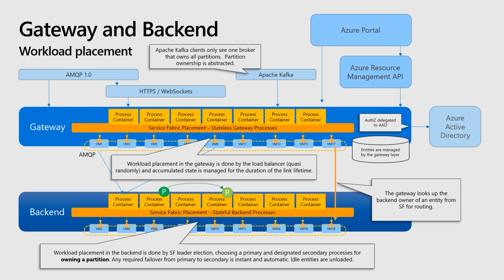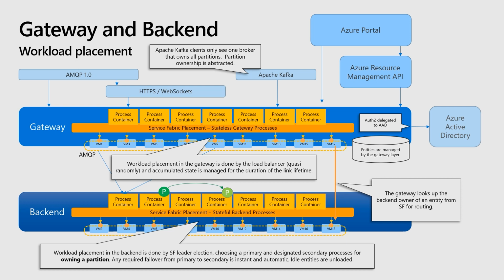And then Service Fabric is maintaining effectively a lookup table that is then used by the gateway to talk to that particular process, and then to that particular partition. And that process here will then go and do the work of managing effectively the partition and also the storage of it. So that's what the backend is.